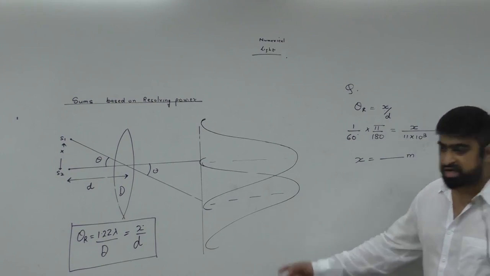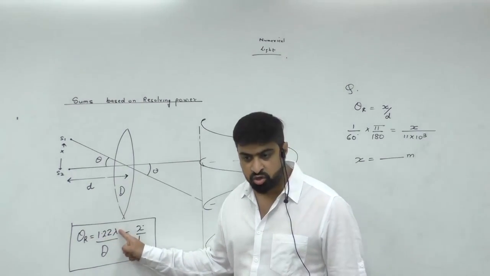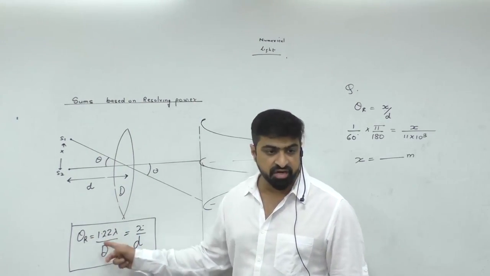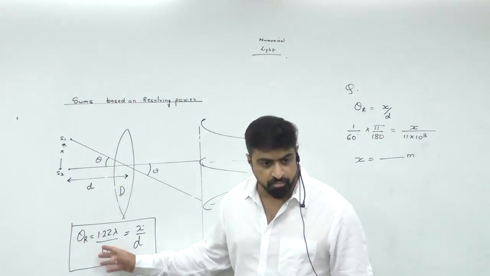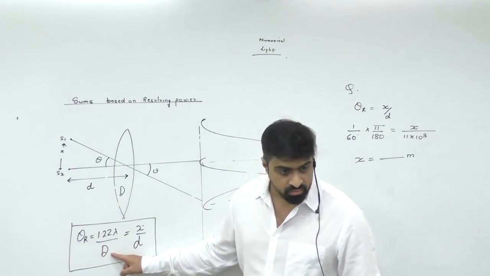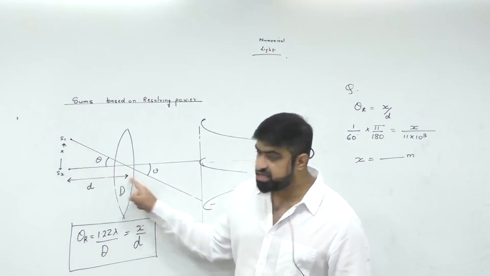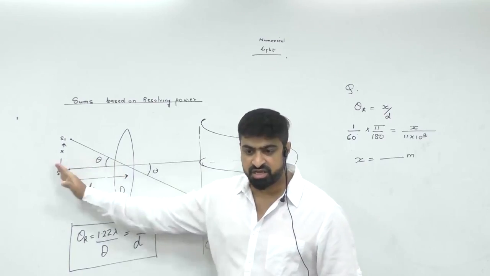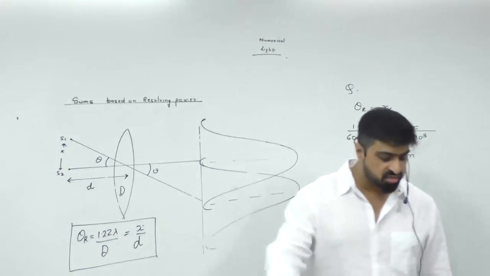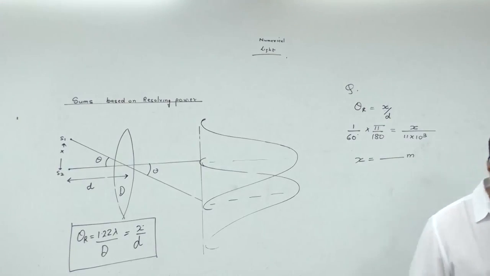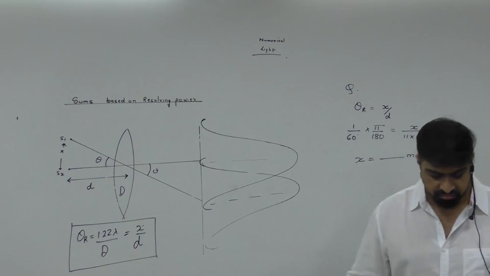सिंपल है, बहुत सिंपल है. ये देखो, ये दोनों इक्वेट करना है. 1.22 लैम्बडा पता है, 5000 एंगस्ट्रॉम. कैपिटल D क्या रहेगा? डायमीटर ऑफ द प्यूपिल. The radius of the pupil is 0.25, so डायमीटर क्या रहेगा? 0.5 cm. x पूछा है ना. और छोटा d कितना है? डिस्टेंस, कंफर्टेबल व्यूइंग डिस्टेंस कितना है प्यूपिल से यहां तक? 25 cm. Put it and get the answer. कम ऑन, डू इट फास्ट. सेकंड और थर्ड इक्वेट करना.